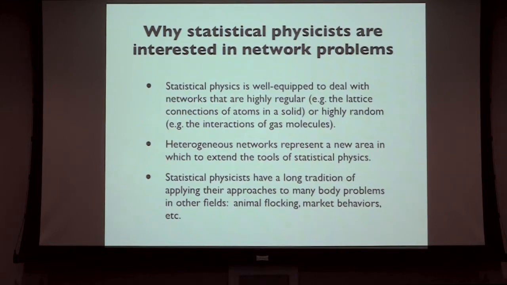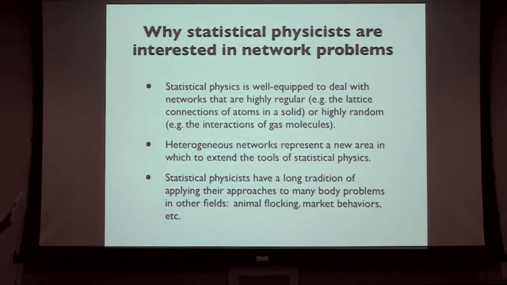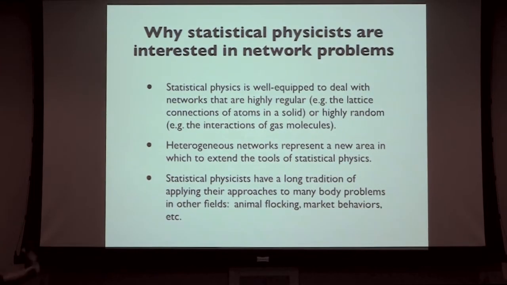So we're really good at these dimensional models on lattices and the mean field models that assume perfect mixing. But the appeal of networks to us is that heterogeneous networks represent a new area in which to extend the tools of statistical physics for dealing with these many body problems.